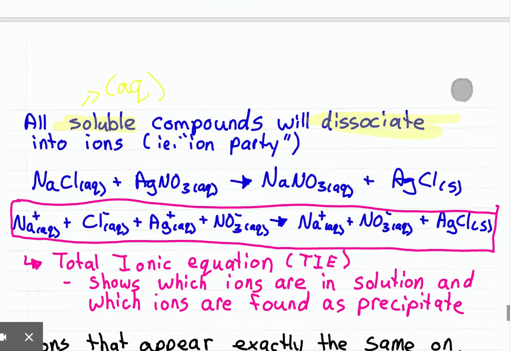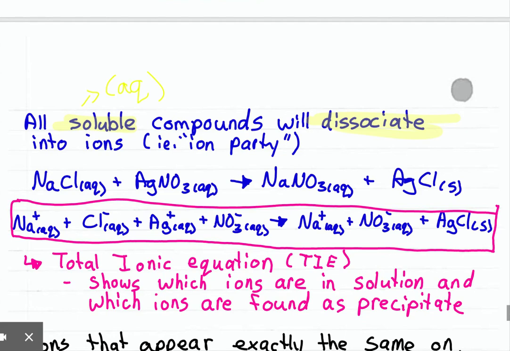So our sodium chloride dissociates into a sodium ion and a chlorine ion. Our silver nitrate dissolves into or separates into a silver ion and a nitrate ion. Our sodium nitrate separates, it's an AQ, into a sodium ion and a nitrate ion. But our silver chloride here is a solid.